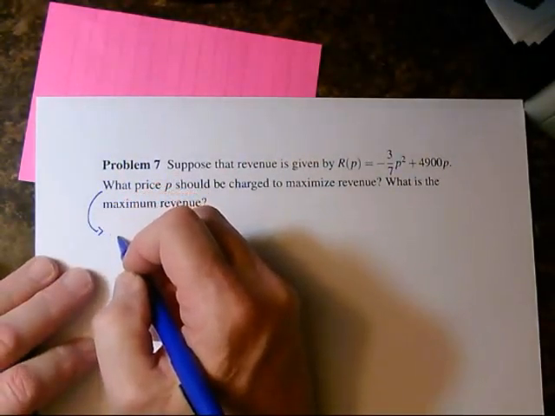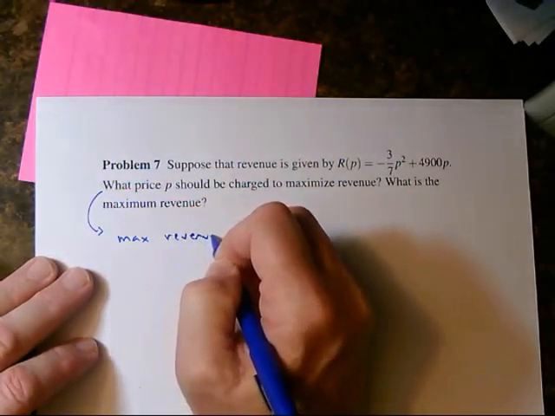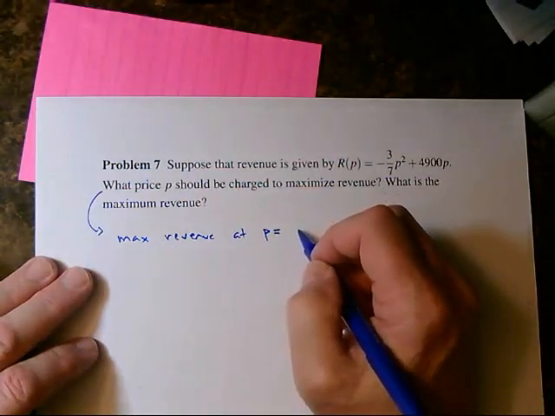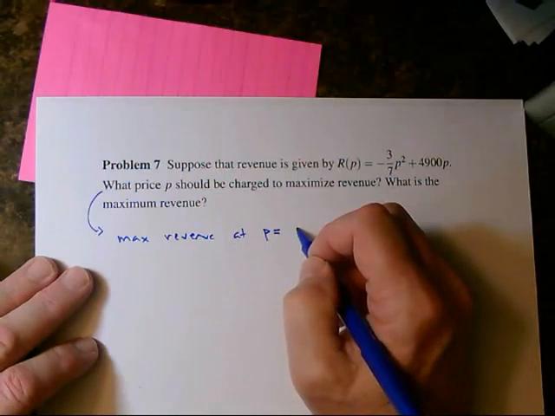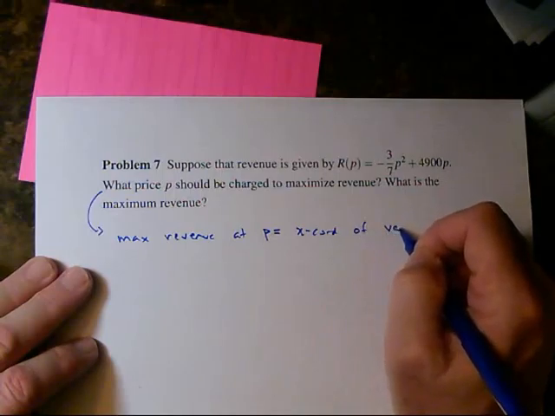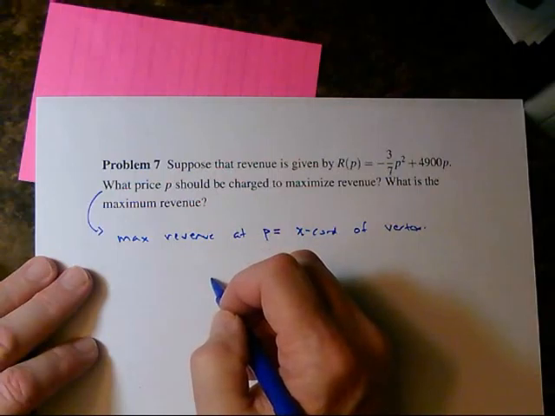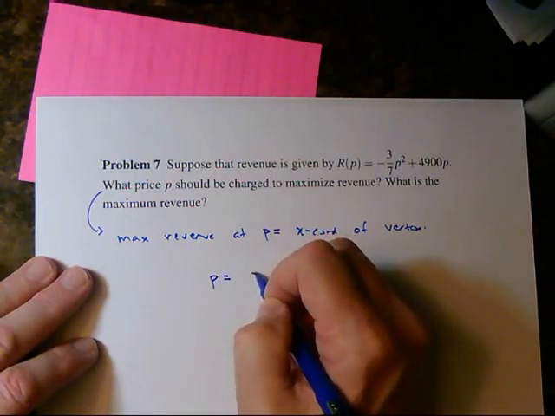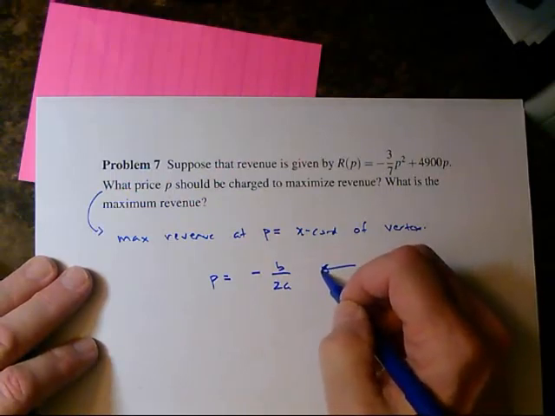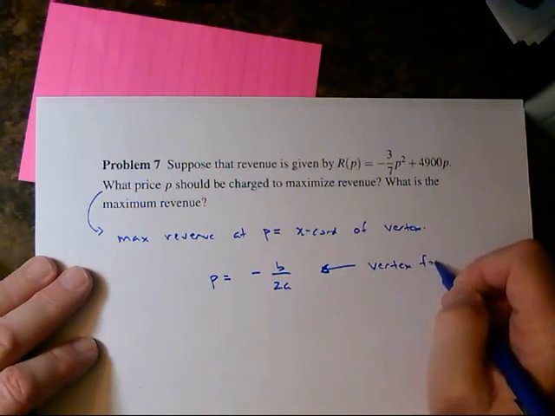So we have max revenue at P equals the x-coordinate of the vertex. So we know that in this case P would be -b divided by 2a. We're using the first part of the vertex formula.